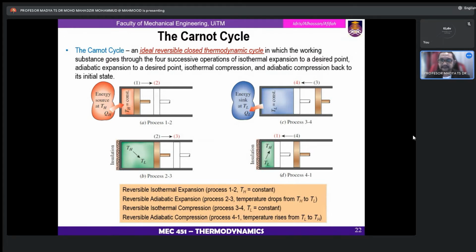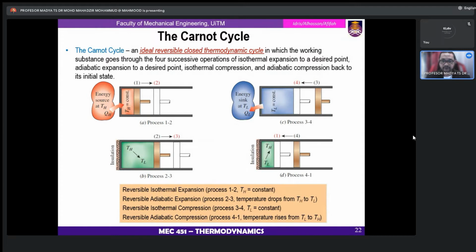C is process 3 to 4, and it's called the reversible isothermal compression, where the piston compresses the volume inside the cylinder.